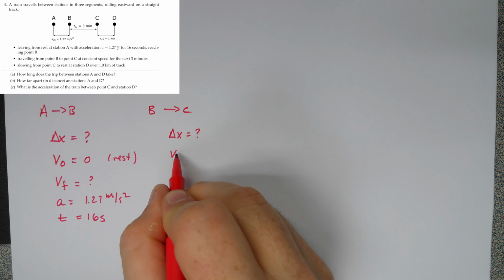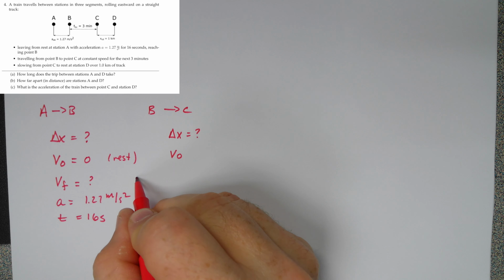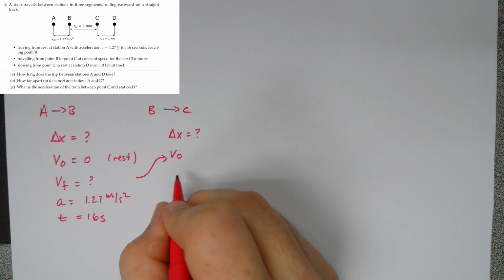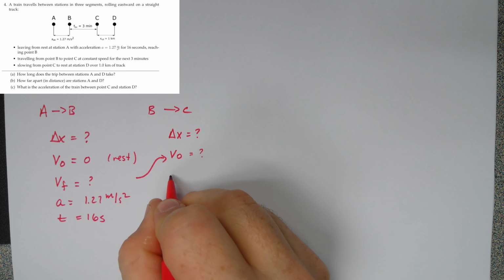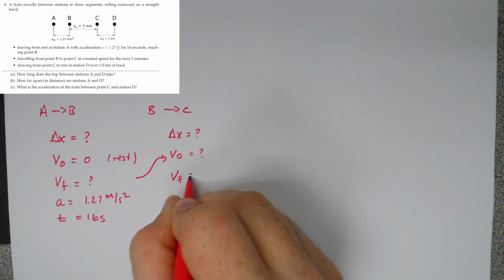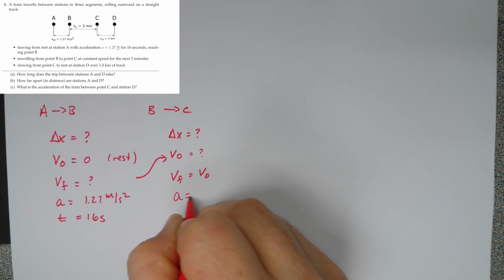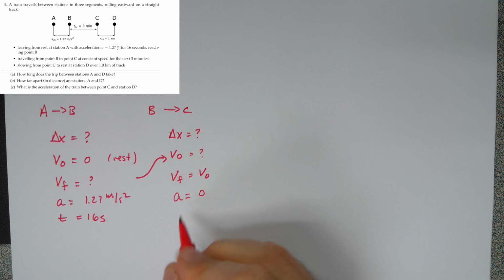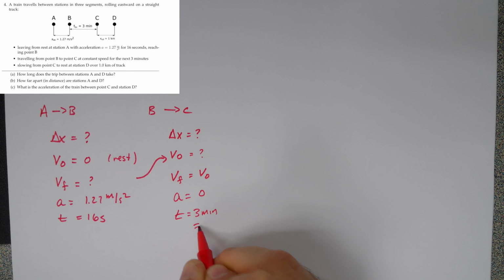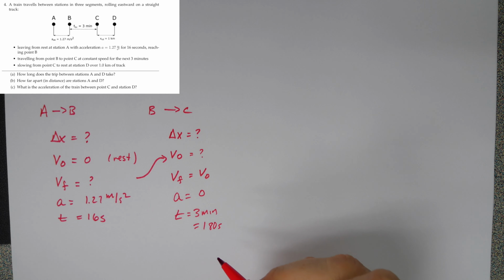We know V initial is whatever we get for V final, and V final is going to be V initial. Our acceleration is 0. That's how we know this stuff's true. And our time is 3 minutes, which equals 180 seconds. You'd convert: 60 seconds in a minute, so 60 times 3.